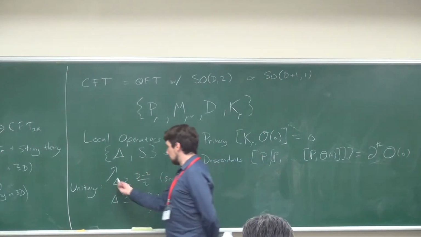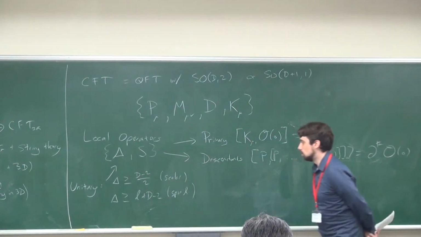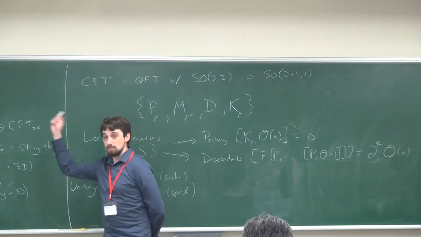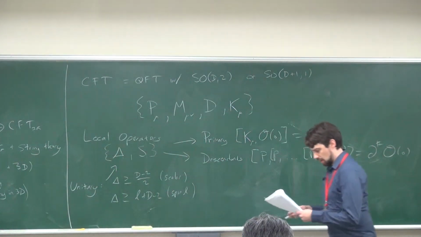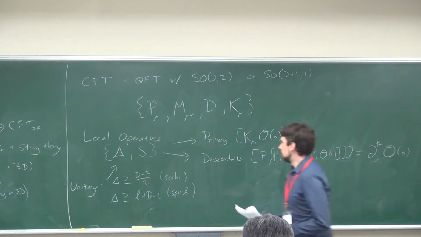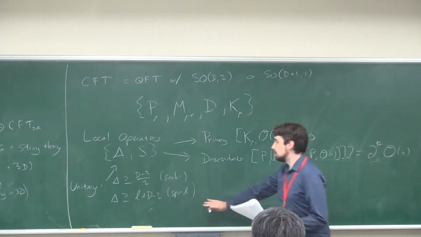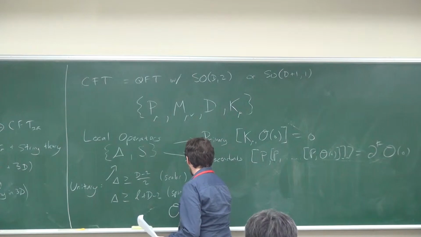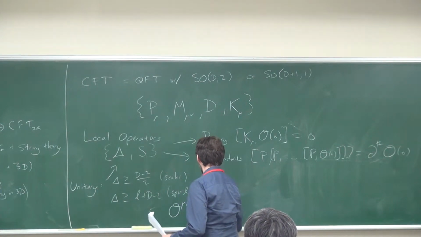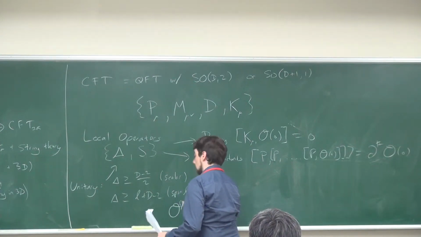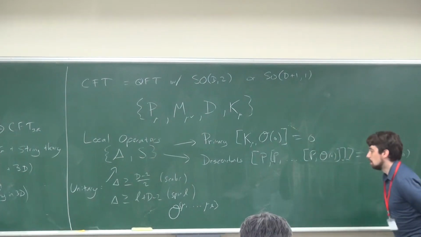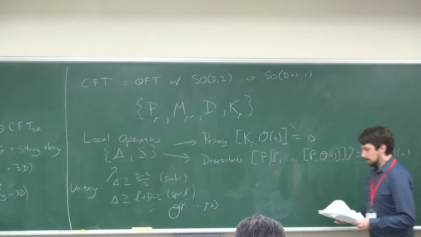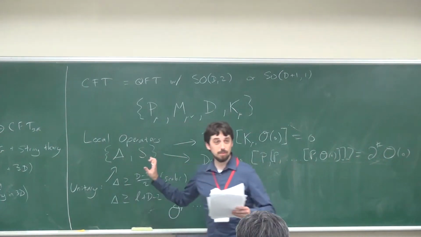These conditions are very important to keep in mind when thinking about applying the conformal bootstrap to unitary CFTs. Maybe I should mention what I mean by a spin l operator. This is an operator which is a traceless symmetric tensor under the Lorentz group. Okay, any questions so far?